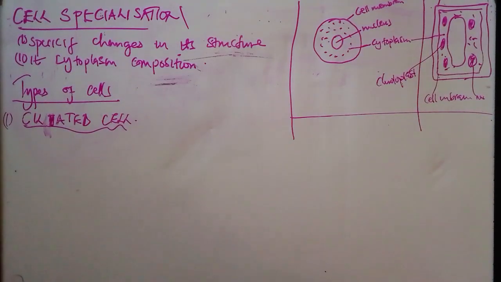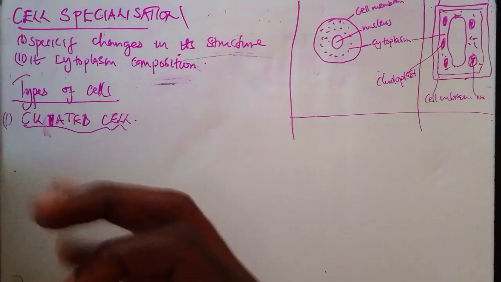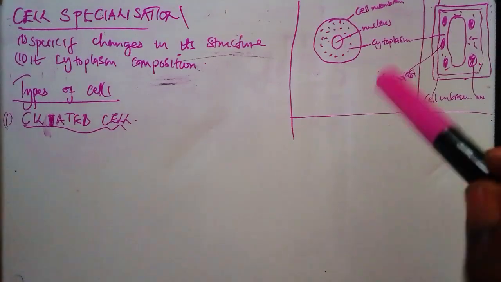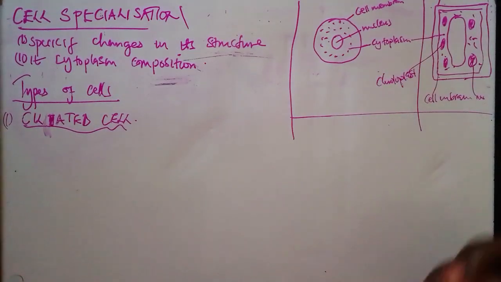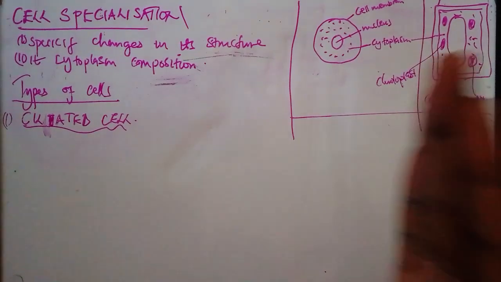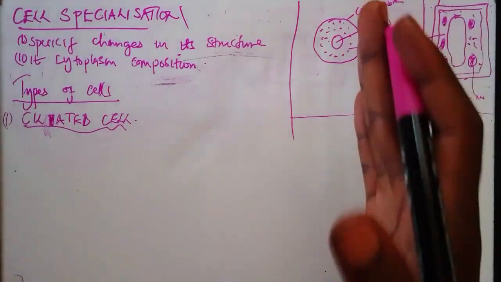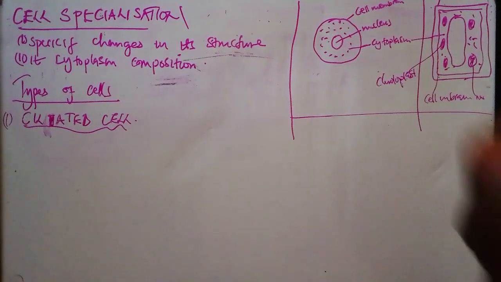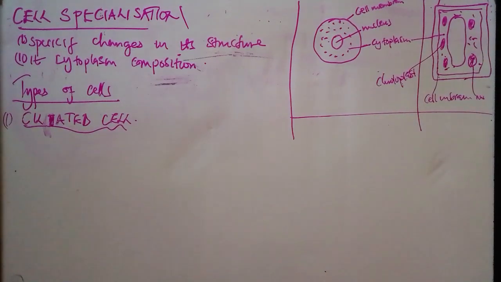So these are the basic structures of a normal animal cell and plant cell. But the cells we are looking at here are modifications of these two types of cells. They have undergone changes.